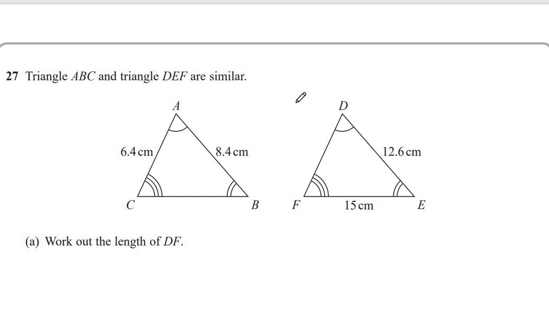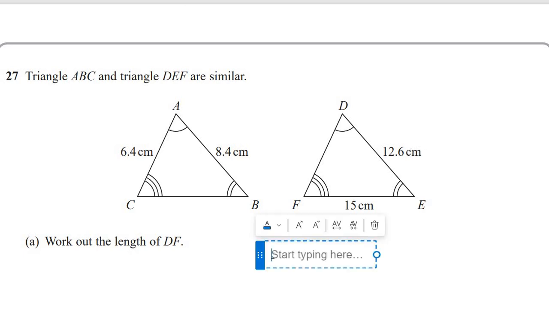Okay, so this side is 8.4 and this side, which is the corresponding side to 8.4, is 12.6. So the scale factor will be 12.6 divided by 8.4, which is 1.5.